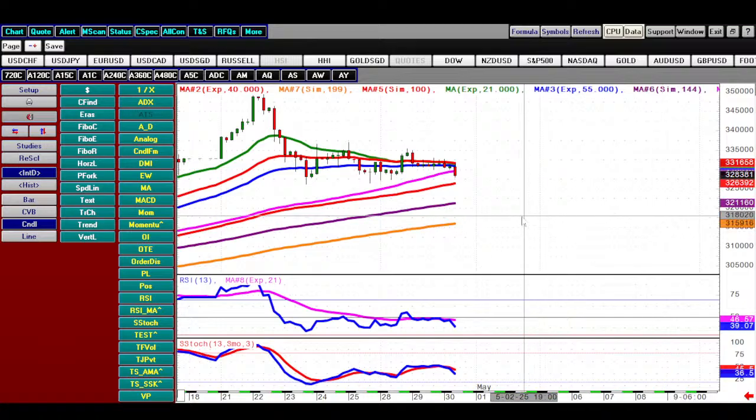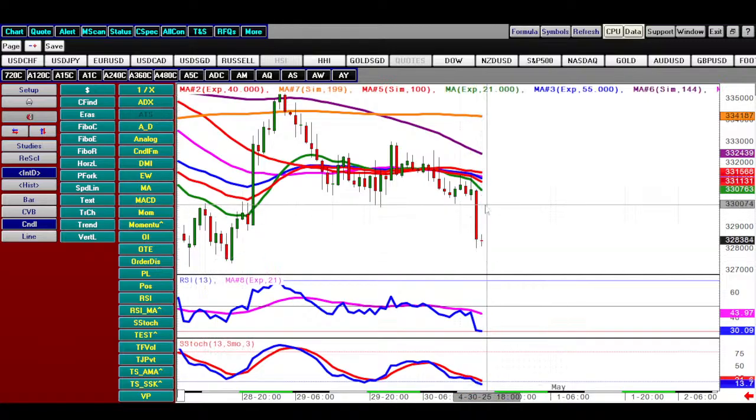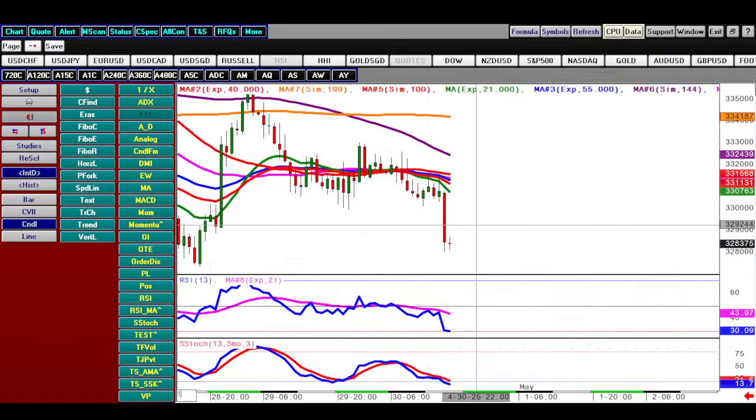As far as this is concerned, remember I said the 60 minutes high. We should be looking to sell near 3294, about the 33 level.